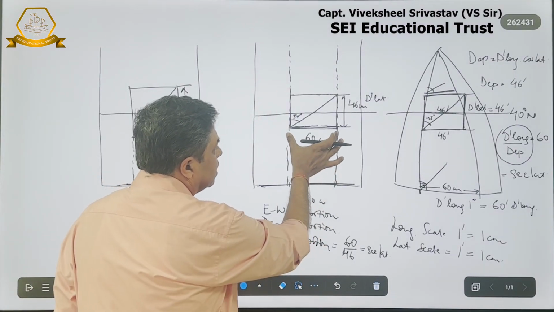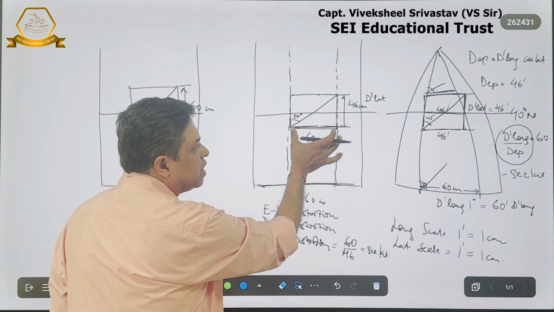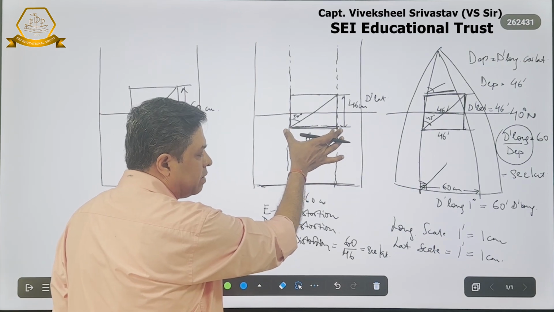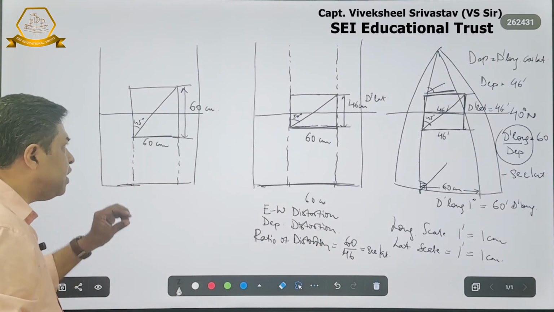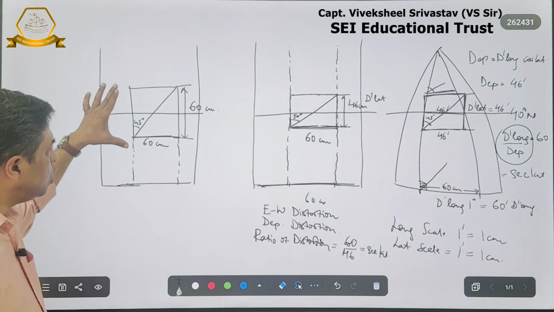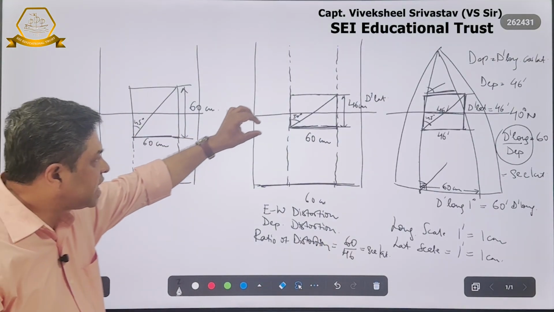First, the distance measurement in this direction has elongated, because we had an east-west distortion, and now we have introduced a north-south distortion also. So even the DLAT has elongated now.